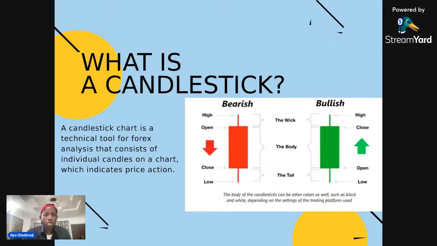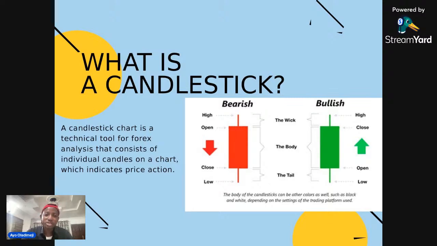Okay, so when you see a candlestick that opens at the top and closes at the bottom, just as indicated by this red arrow, that is a bearish candle. And what is a bearish candle?